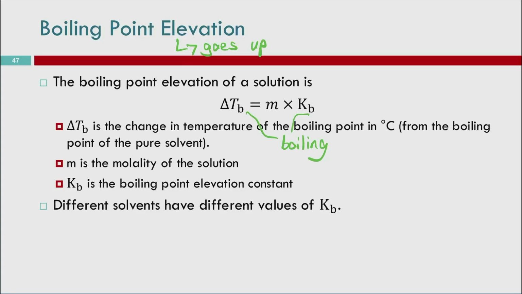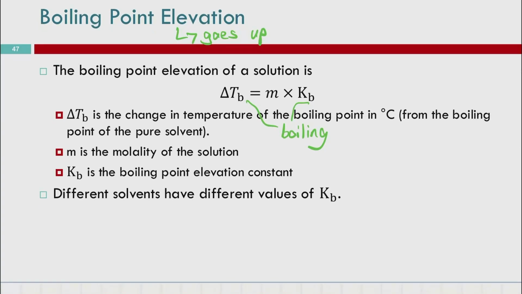All that's changed is where we had little f's, we've got little b's now instead for boiling. So it's a different constant. It's Kb now instead of Kf, but otherwise the formula is basically the same. So super simple math-wise, you just have to remember to do the adding and the subtracting. And again, these Kb values will be given to you.